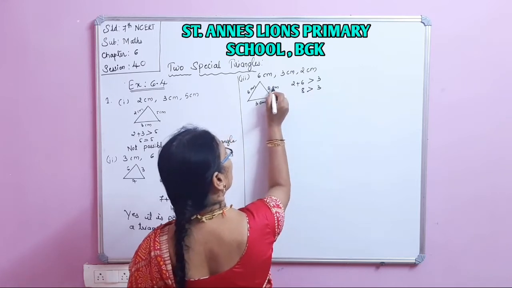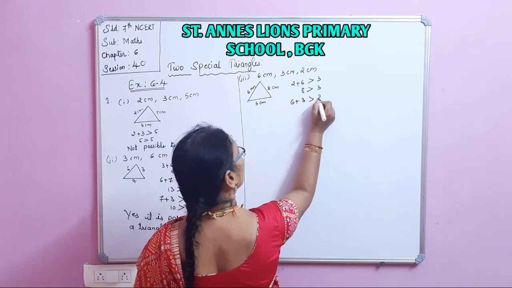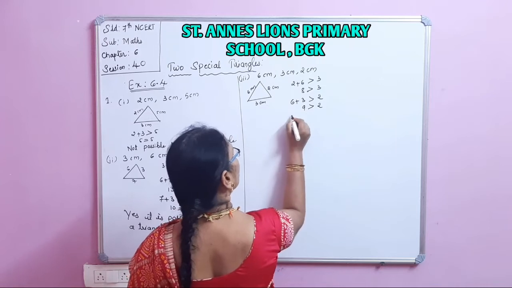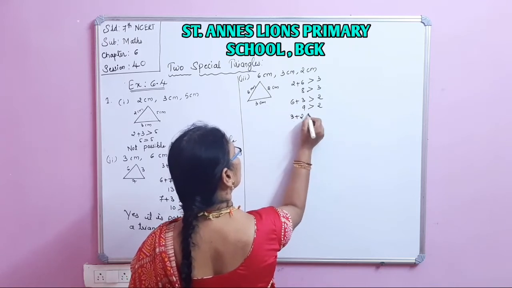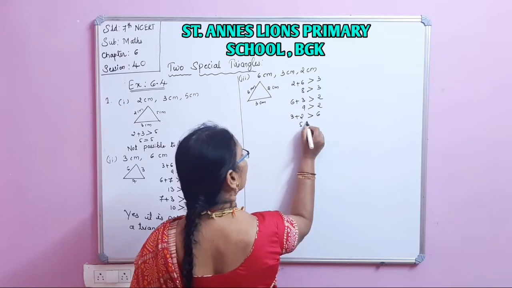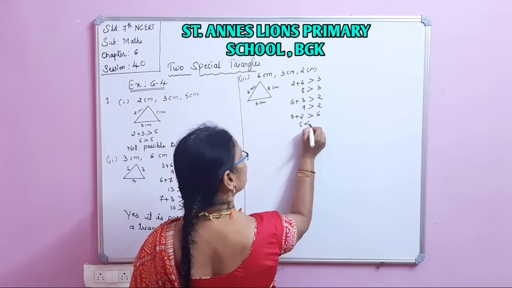Now 6 plus 3 must be greater than 2. 9 is greater than 2. Next, 3 plus 2 must be greater than 6. See here, 3 plus 2 is 5, which is not greater than, it is smaller than 6.